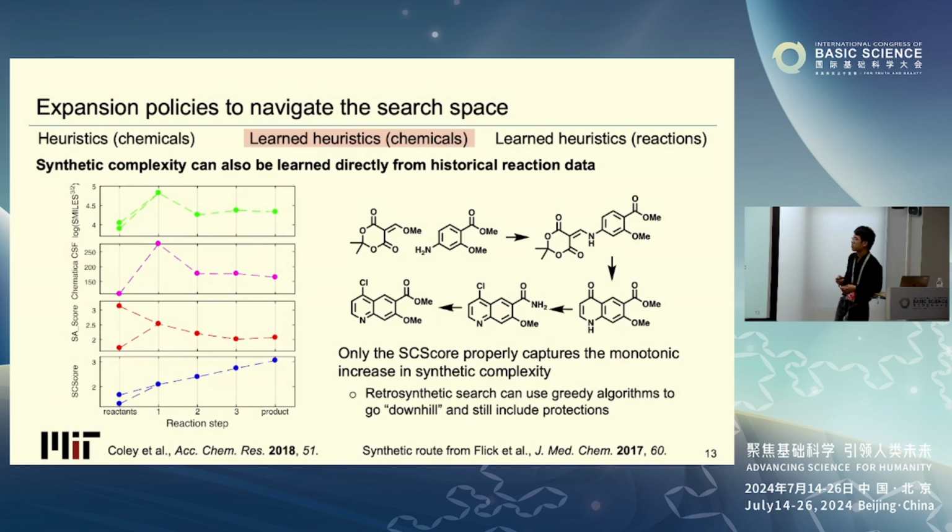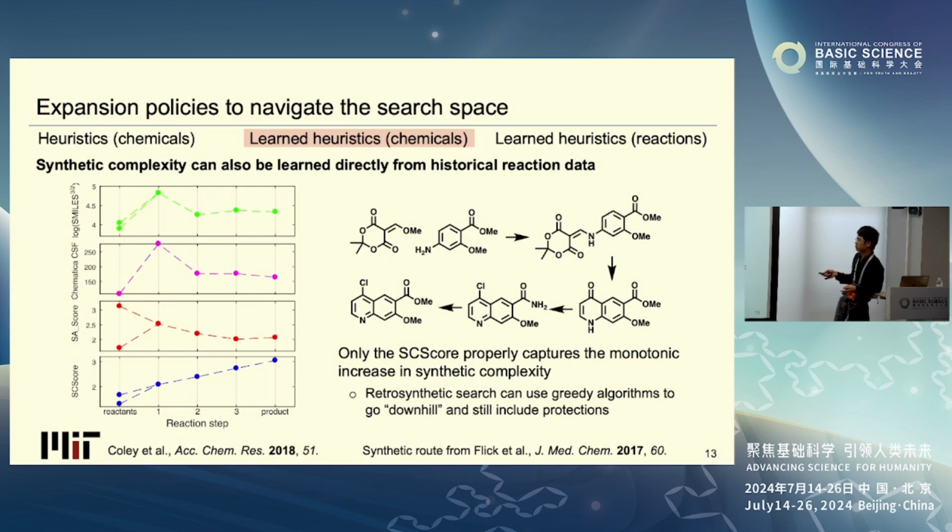Here's an example showing a drug molecular target and its synthetic steps. If you use a simple heuristics approach, you see that they don't really agree with what's actually done in the synthesis.